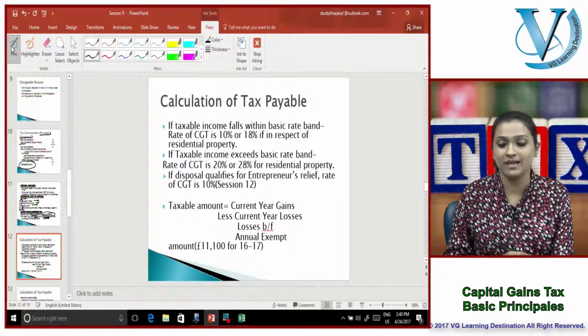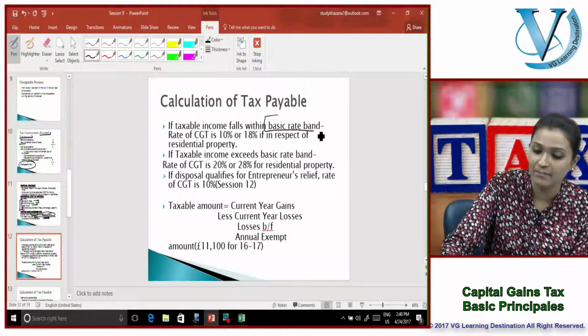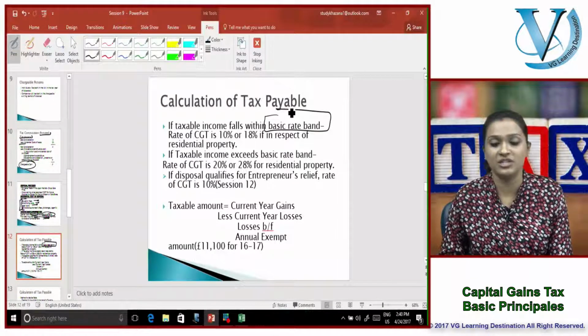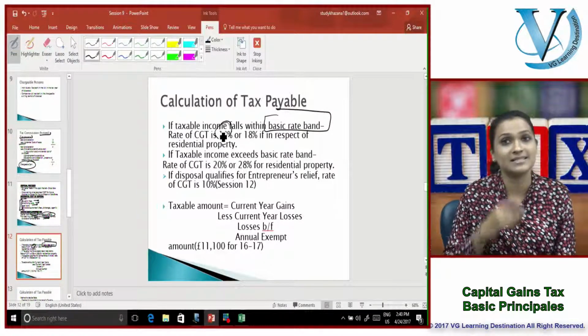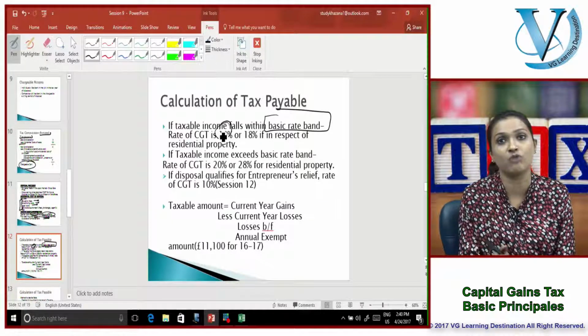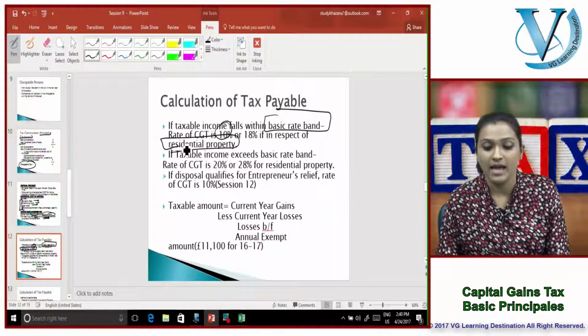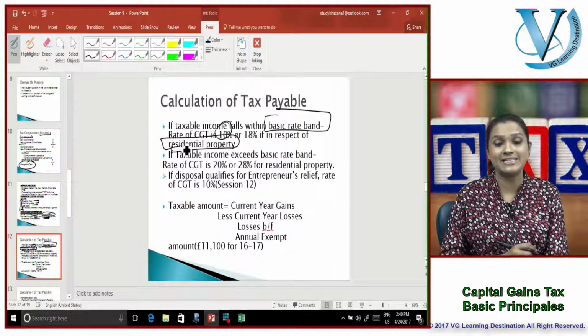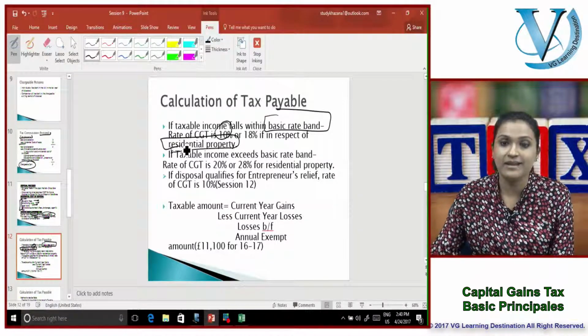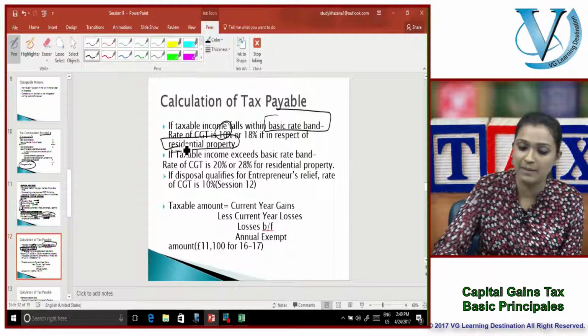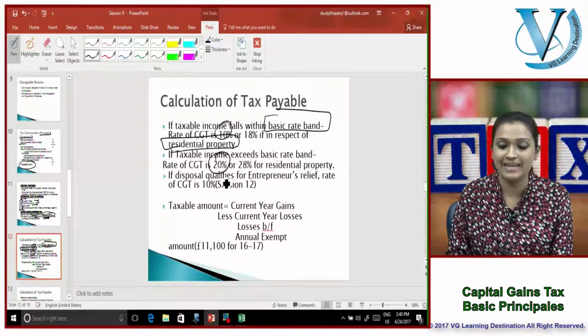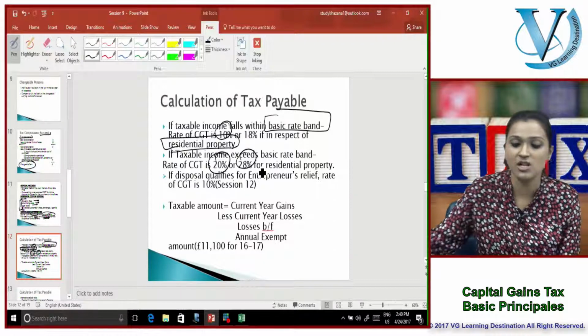If taxable income falls within the basic rate band, the rate of CGT is 10%. The rate is 18% if the said property is a residential property. If taxable income exceeds the basic rate band, the rate of CGT is 20%, or 28% for residential property.